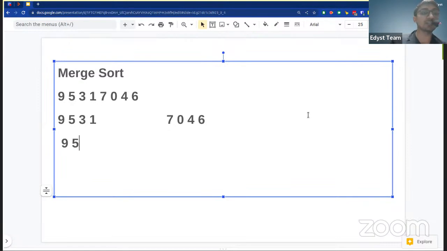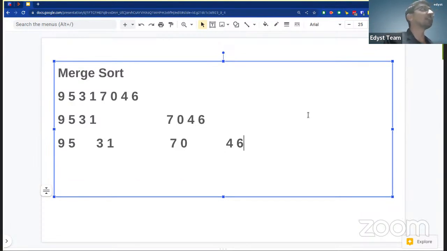I'll divide 95 in one part and 31 in another part. Same thing with 7046: 70 and then 46.